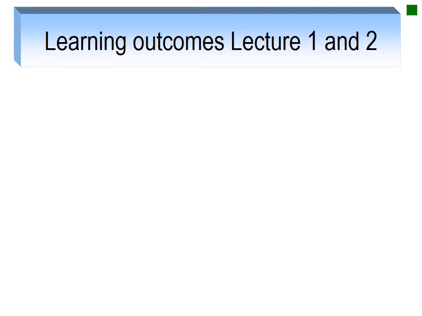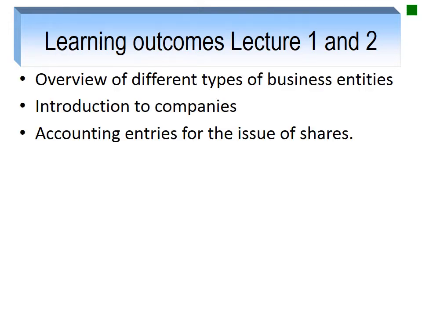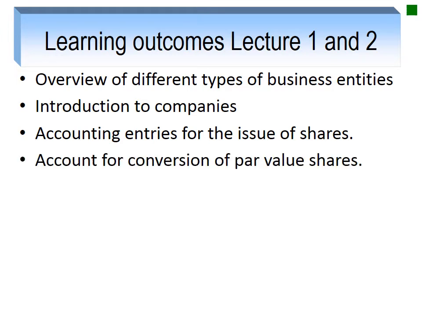The learning outcomes that we've had so far for companies in the first two lectures is we looked at the different types of business entities, that was sole traders, partnerships and companies. We did an introduction to companies and we did the accounting entries for the issue of shares.